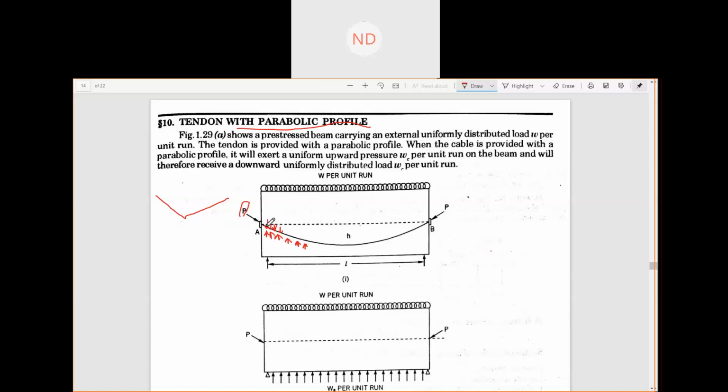See here in this figure, Wc is acting per unit run, and the UDL from the dead load of the beam is also going to act here.